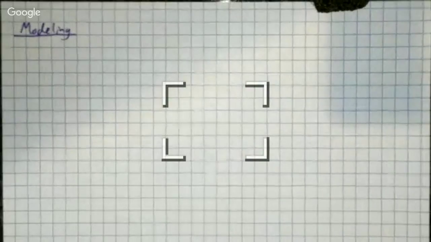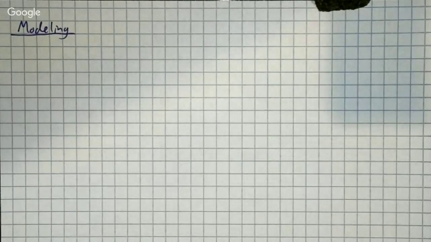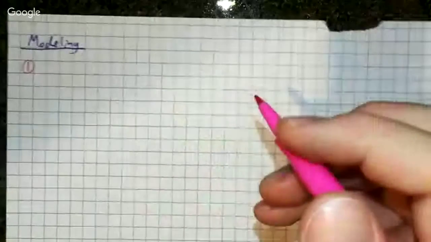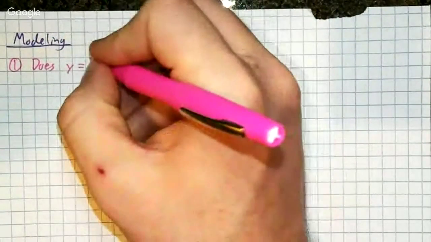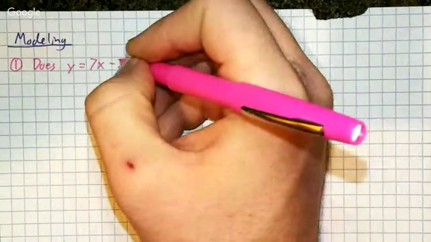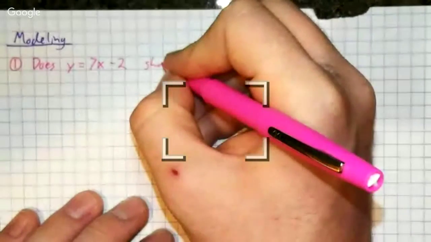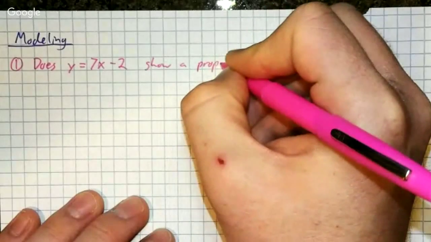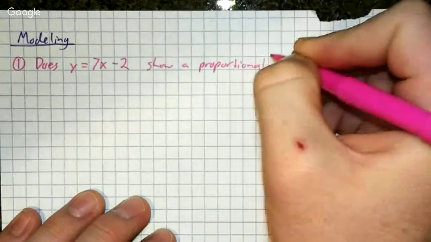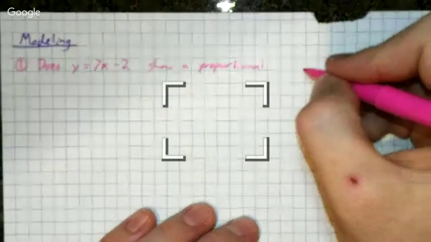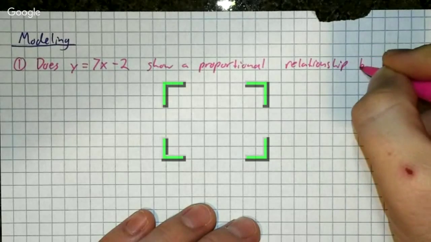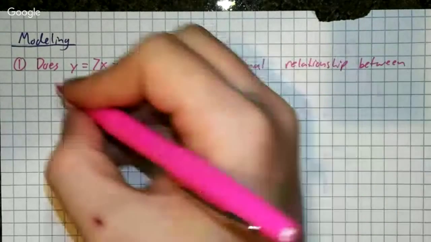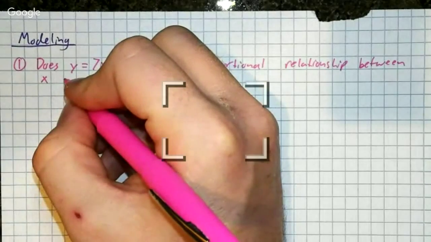Okay, so for today, for modeling, let's start with number 1. Number 1 says, does y equals 7x minus 2 show a proportional relationship between x and y?